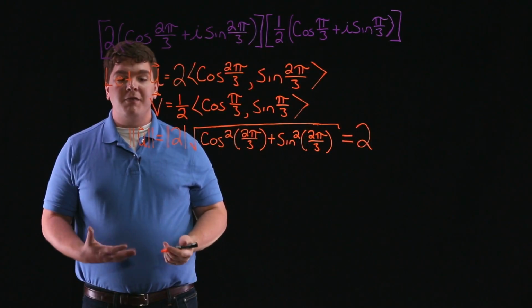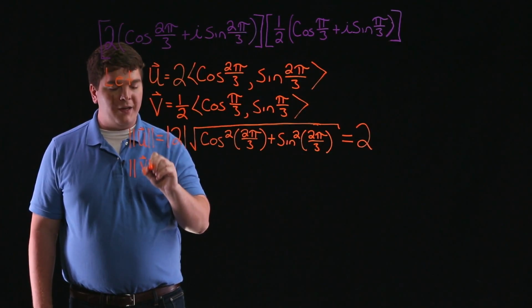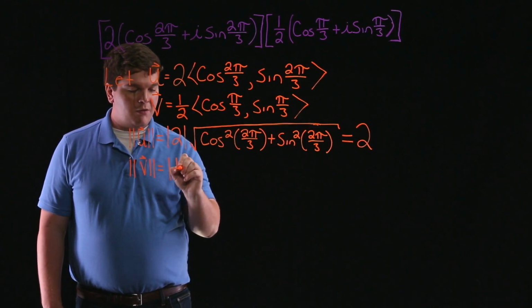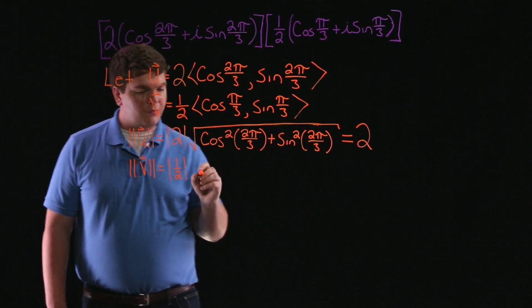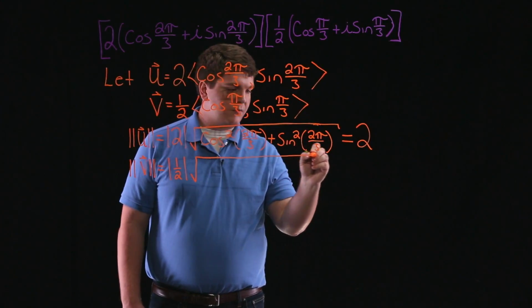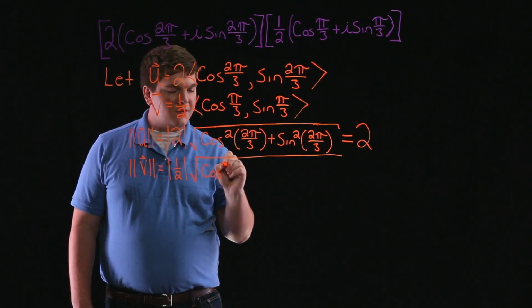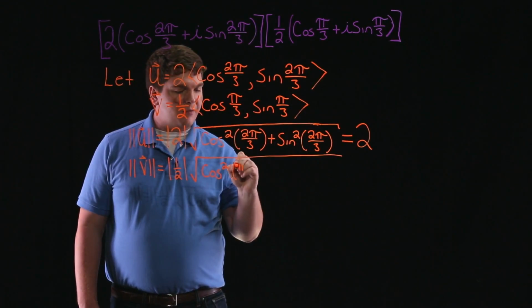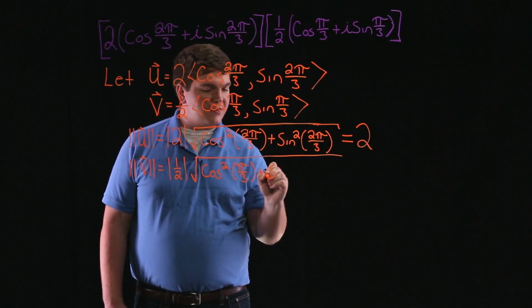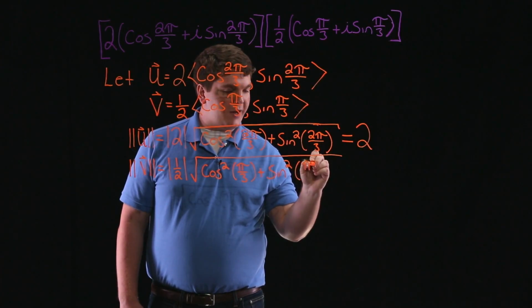Now finding the magnitude of v will be similar. So the magnitude of v is equal to the absolute value of 1/2 times the square root of cosine squared of pi divided by 3 plus sine squared of pi divided by 3.